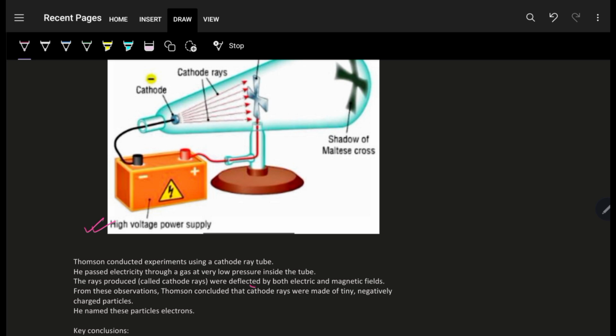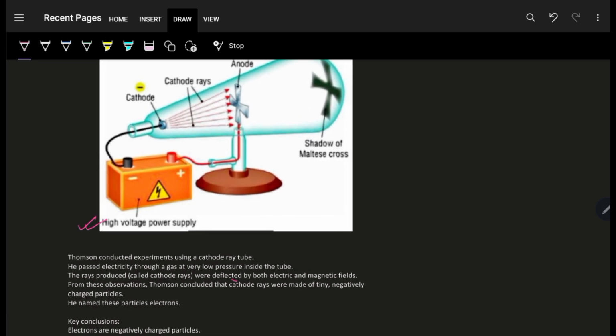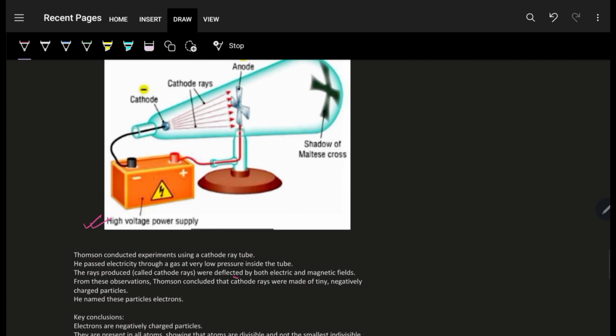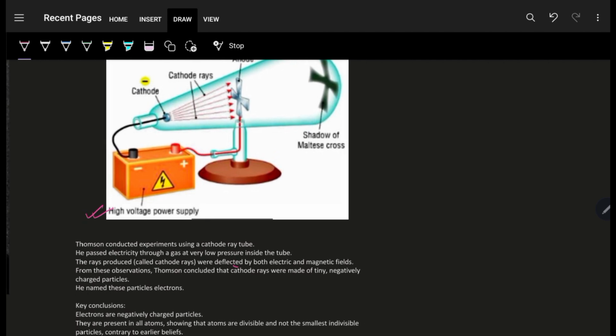It was not a fixed gas. You can think of any gas at that moment, but there are certain conditions at very low pressure, and he used a glass tube with two electrodes and applied high voltage, okay.